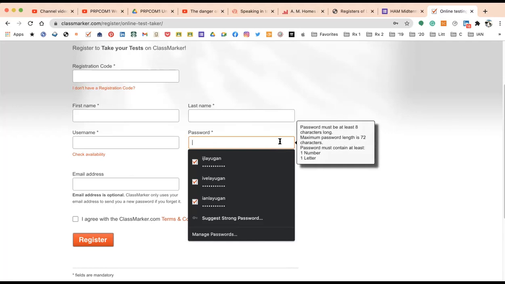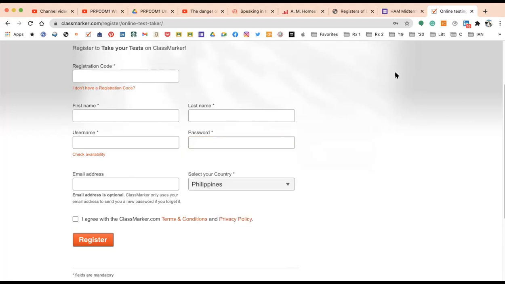It must have at least one number and one letter. One of the tips that I give whenever you do your ClassMarker password is you look for a word and then a number. For example, Alcohol10.